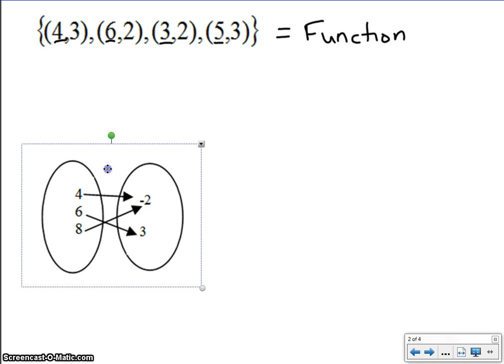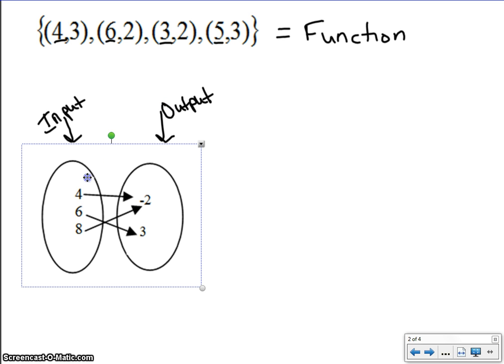Okay, so let's look here. This is called a mapping. This is maybe a new diagram for some of you. Remember, the inputs are here on the left, and your output values are on the right.